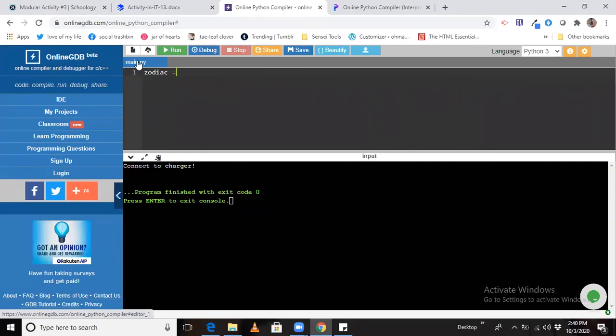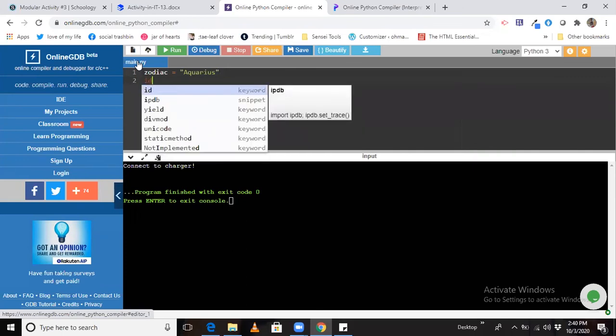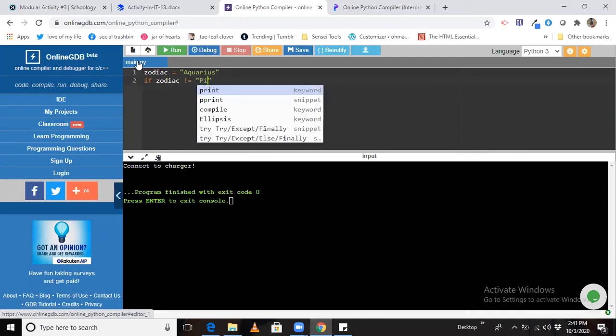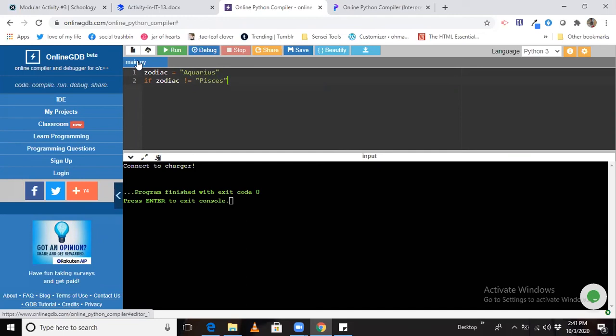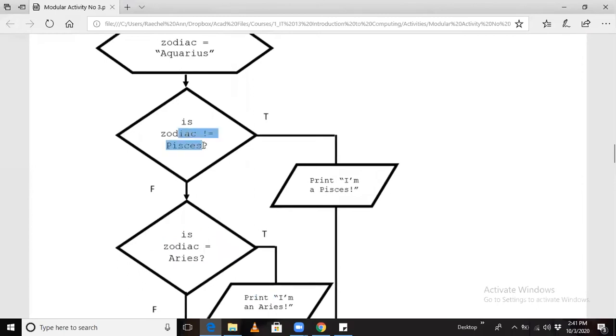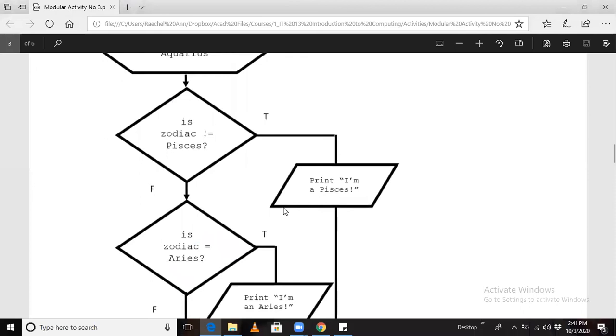We have Aquarius. If Zodiac not equal to Pisces, sabi niya. Ay, hindi. May condition niya. Not equal to Pisces.